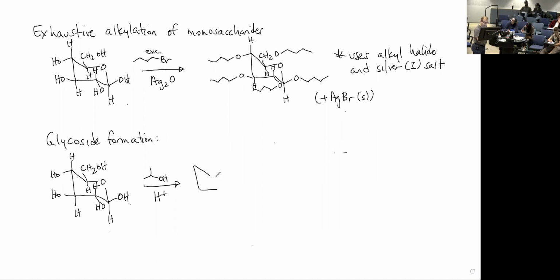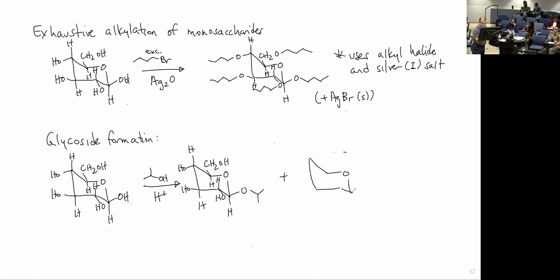Anyway, I would predict that you would get the isopropyl glycoside, both beta and alpha. So that's only going to react at the anomeric carbon. And you would also get the alpha anomer with that alkoxy group pointing down.